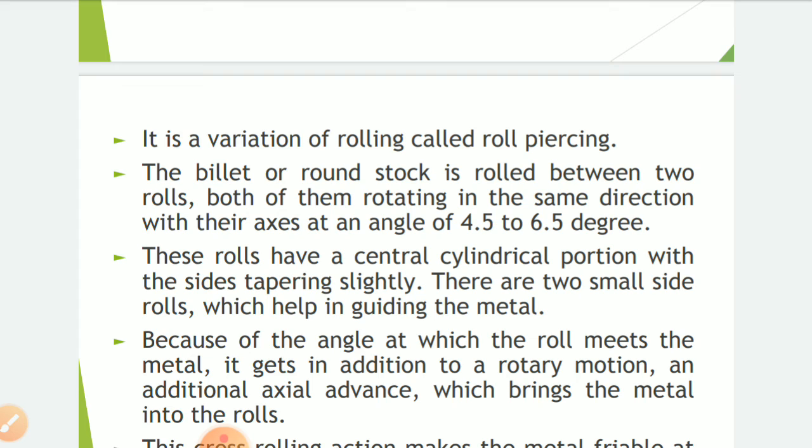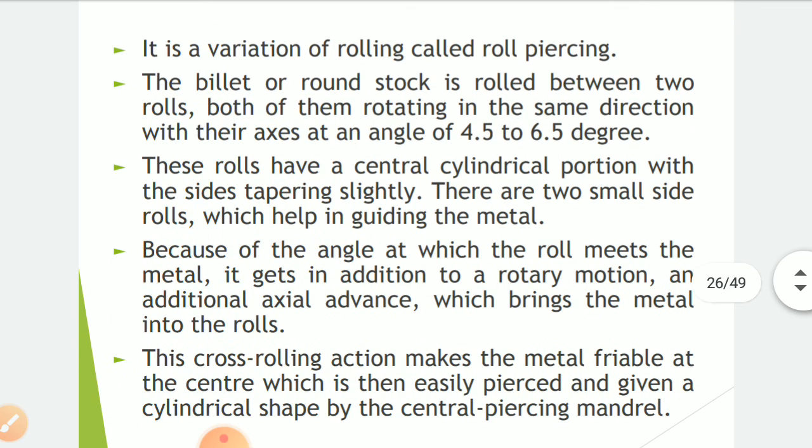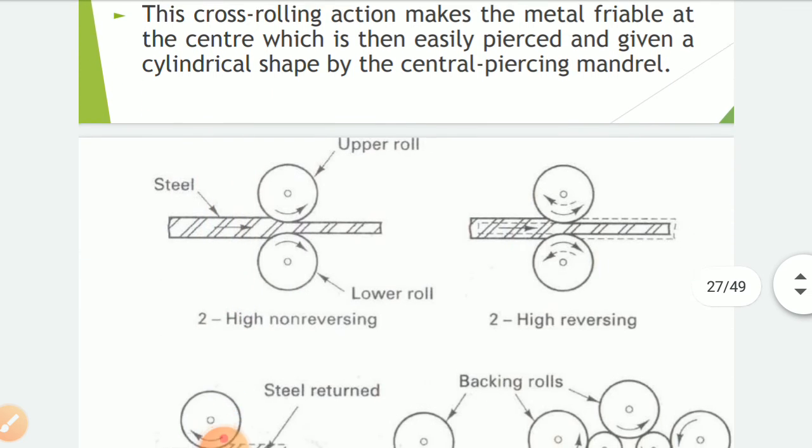See, the angle is about 5 degrees there, and they both rotate in the same direction. So the sheet that we will be using will get rolled, and by rolling that we will get a tube. So this is what the roll piercing process is.